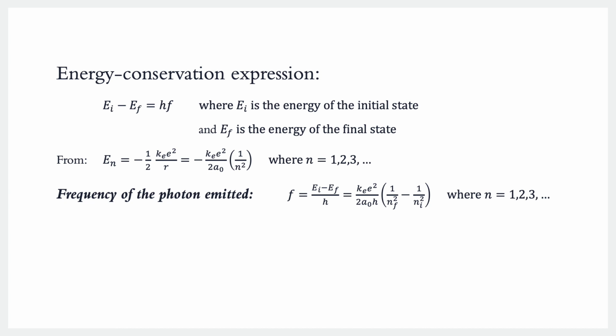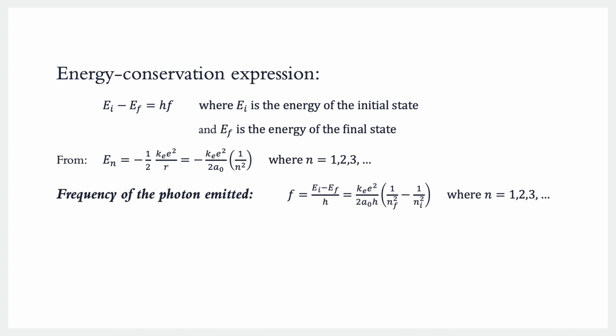So E sub i minus E sub f is equal to negative ke squared over 2 a naught times 1 over n sub i squared minus 1 over n sub f squared.